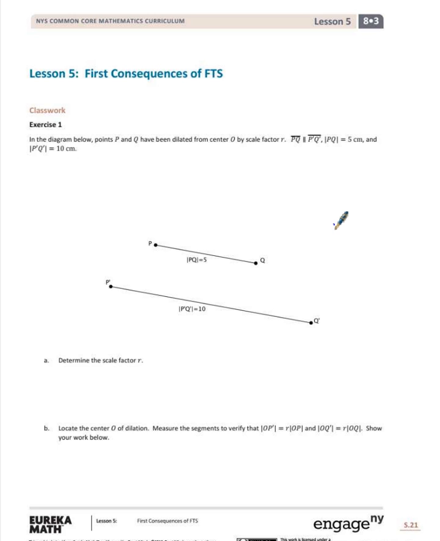Okay, so the first thing that we would need to do is determine the scale factor. On yours, determining the scale factor, how did we do this? Well, we know P prime Q prime would equal the scale factor times PQ.